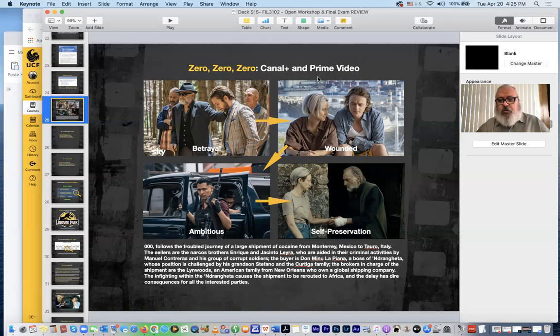Furthermore, we meet the people that are consigned with the transportation and delivery of the product from Mexico to Italy in Europe. And we find out that their patriarch dies. He's assassinated, and he has two children that are consigned with inheriting the family business, and one of them has to emerge as the new head of the family.